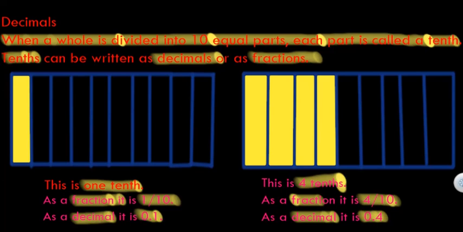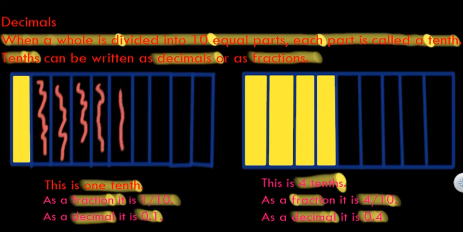Okay, now let's give you another example just to understand. Let's say that here also we have the second part shaded, and the third part, and the fourth part, and the fifth part. Actually, no. So 1, 2, 3, 4, 5, 6 parts shaded. Let's make them 7.